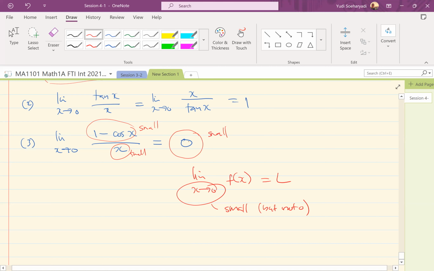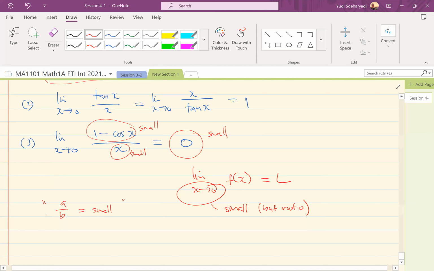When you take the limit, small divided by small is small. So what does it mean? If you take A over B is small, what can you say about A and B? Well, both are small, right?